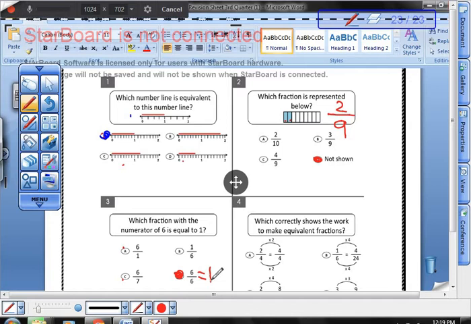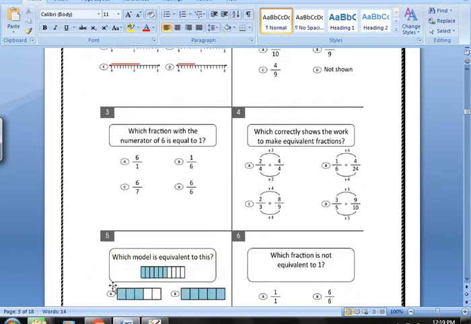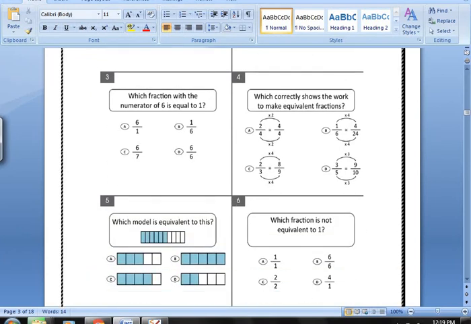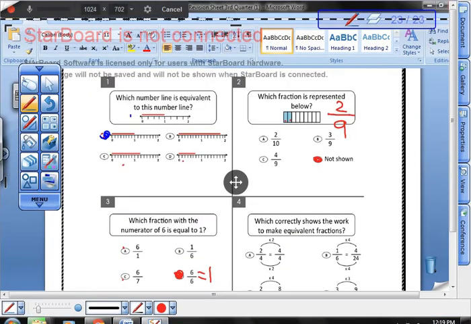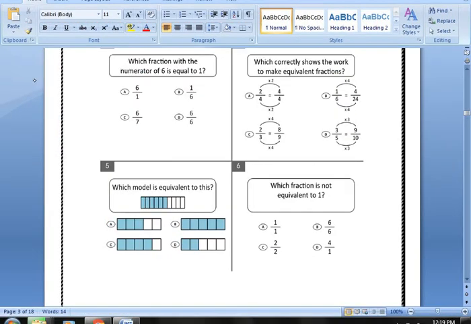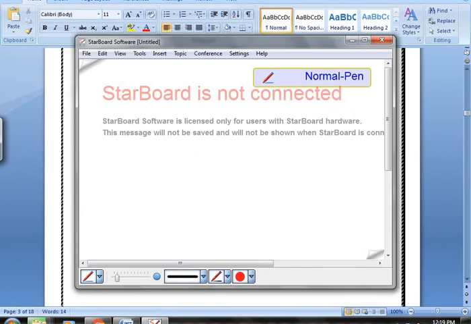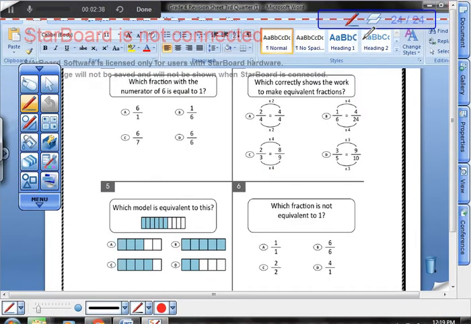Number 4, which correctly shows the work to make an equivalent fraction. Okay, we need to make it clear and put it up. To get an equivalent fraction, we know before, we must multiply up and down by the same number.